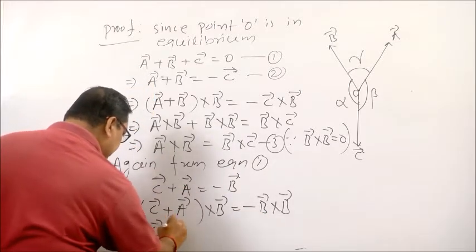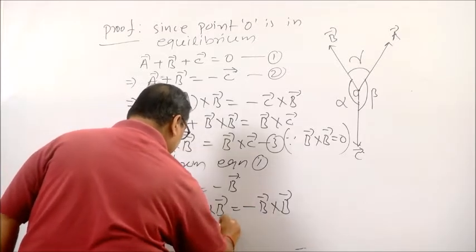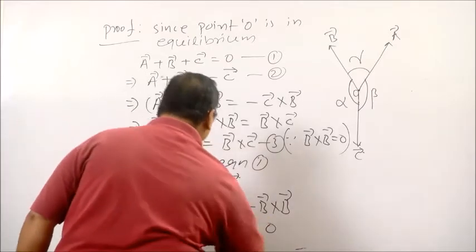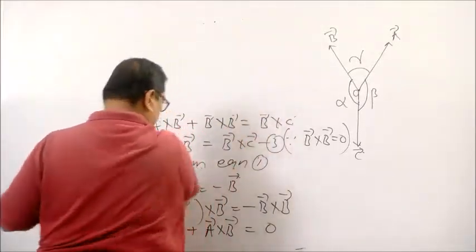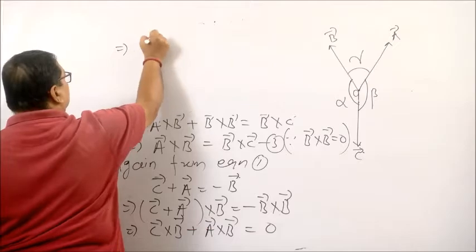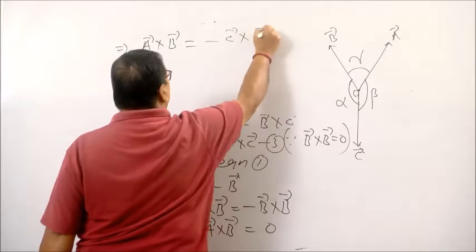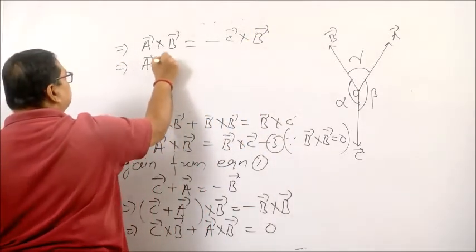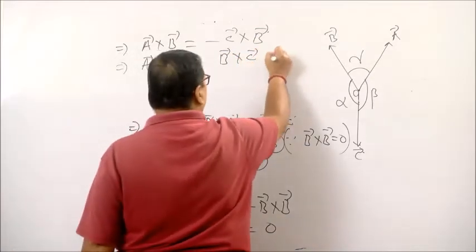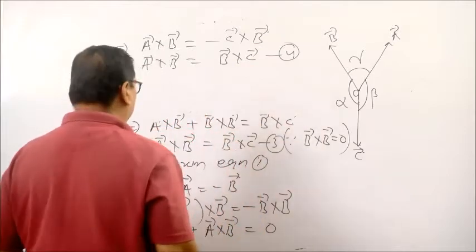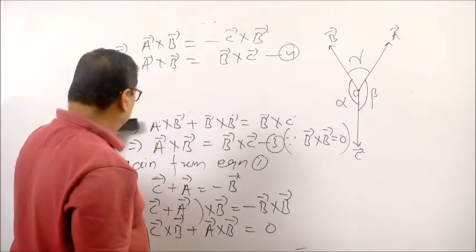Now open the bracket: C cross B plus A cross B equals 0. Implied, A cross B equals minus of C cross B. Since the cross product is not commutative, A cross B equals B cross C. This is equation 4.